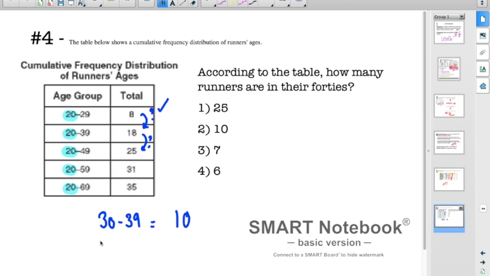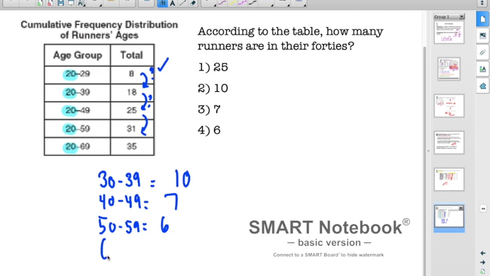Well, that means that between ages 40 and 49, I just added 7. And then from 50 to 59, how did I get from 25 to 31? Well, I added 6. And then 60 to 69, how did I get from 31 to 35? Well, I added 4.